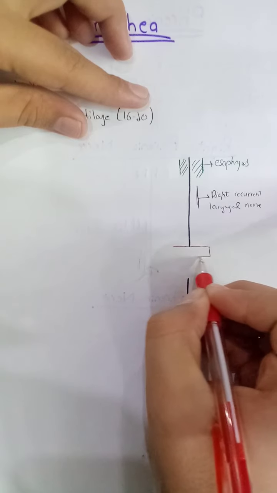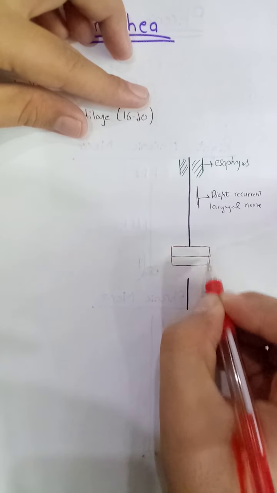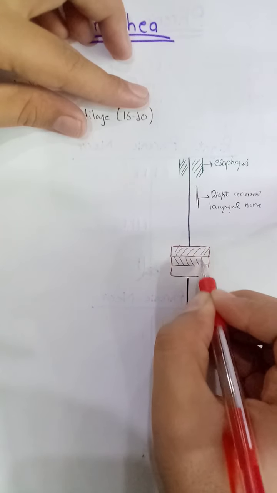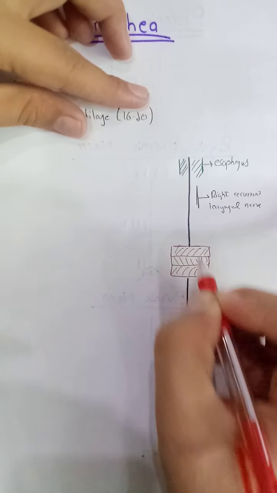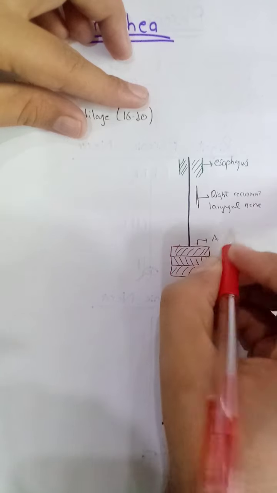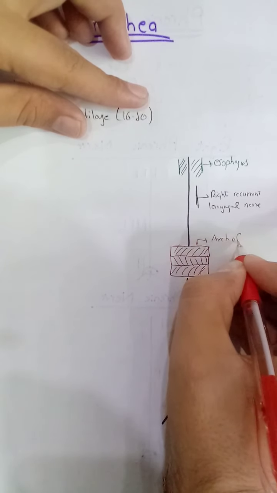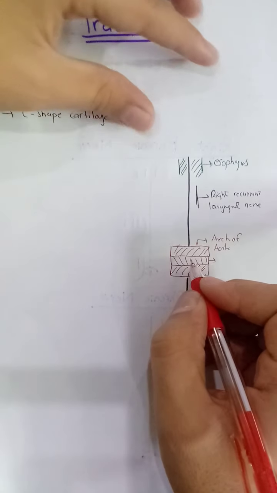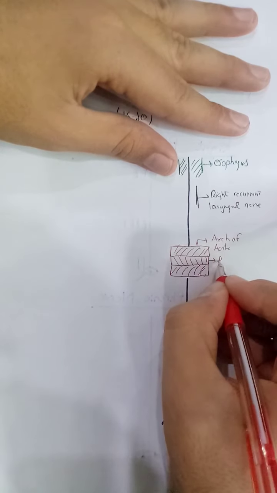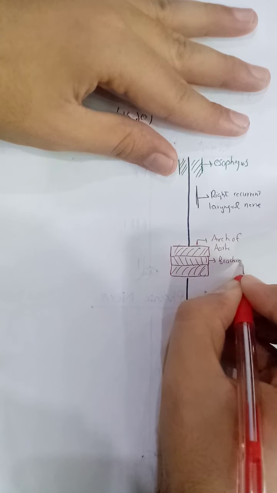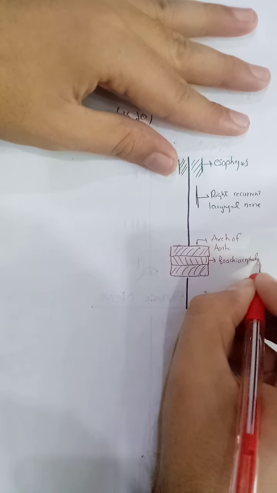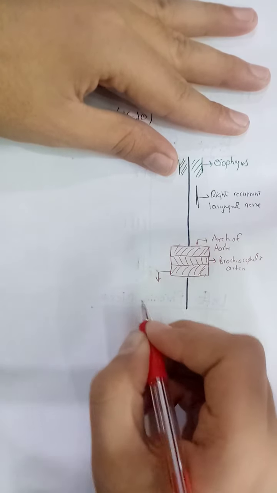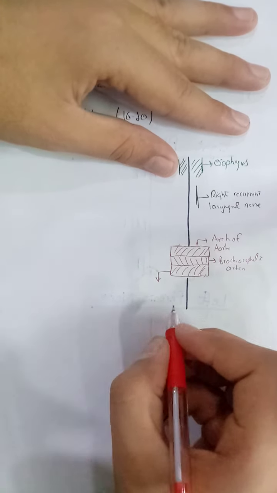We will discuss them here. The first one is the arch of the aorta. The second is the brachiocephalic artery. And the third one is the left common carotid artery.